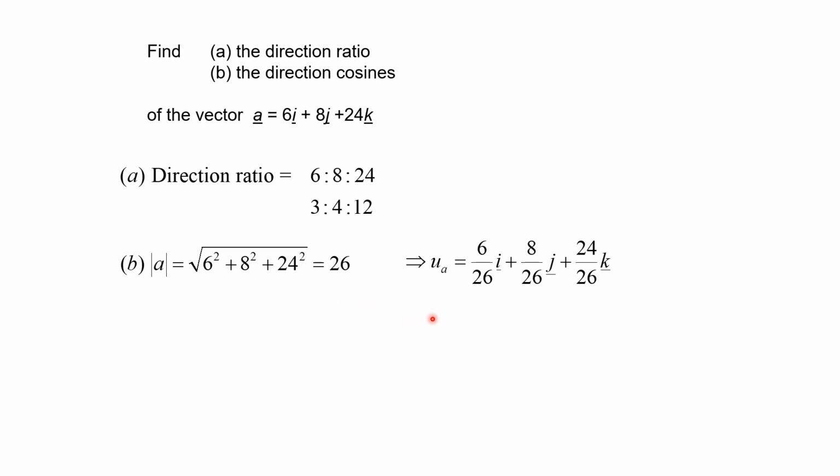The unit vector would simply be each component over the magnitude, so x is 6 over 26 multiplied by i, 8 over 26 for j, and 24 over 26 for k. And to get the cosines, because this is the unit vector for A, 6 over 26 represents cos alpha, 8 over 26 represents cos beta, and 24 over 26 represents cos gamma.